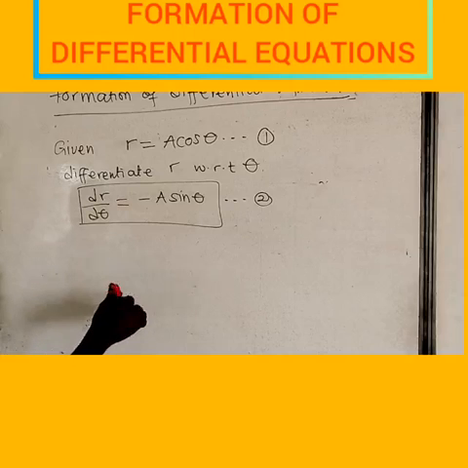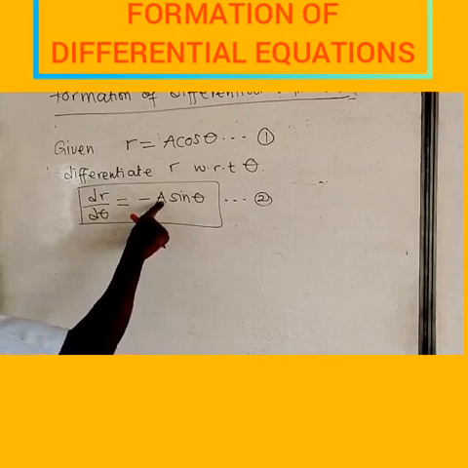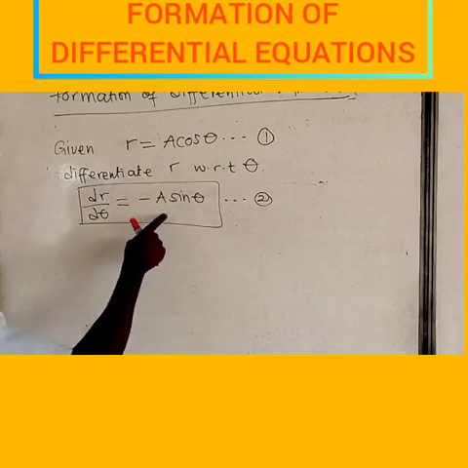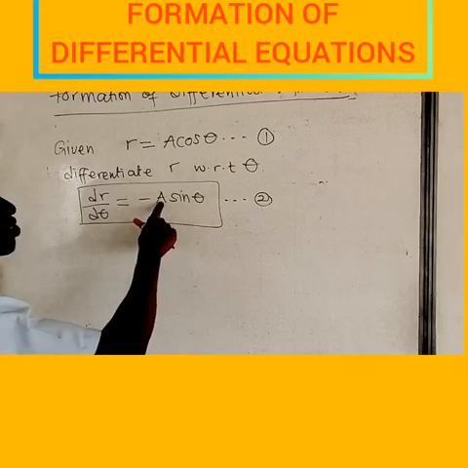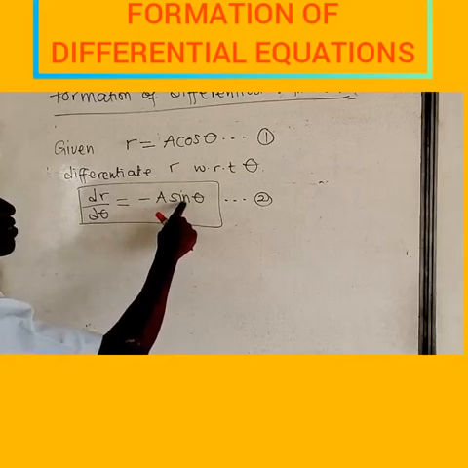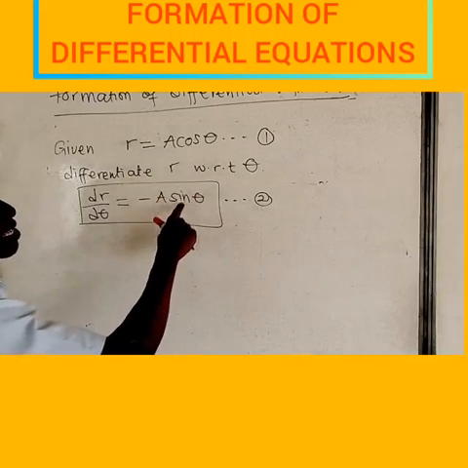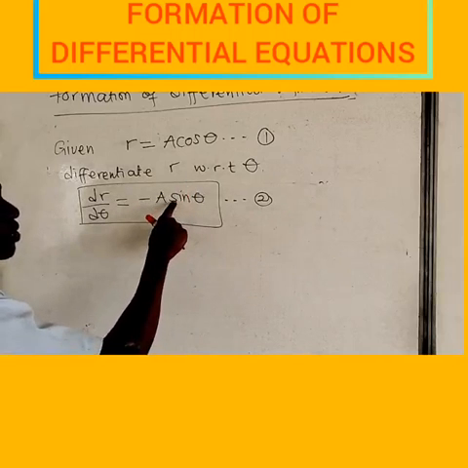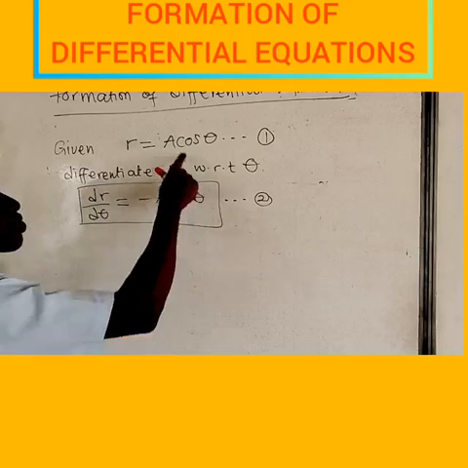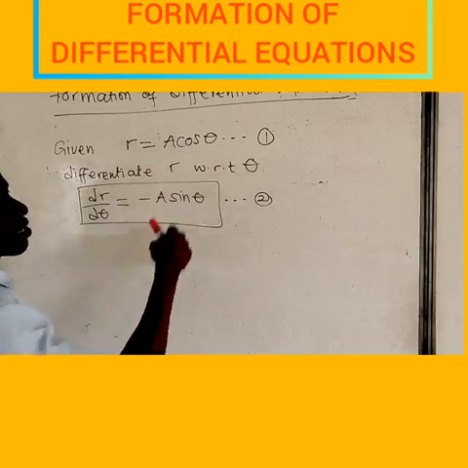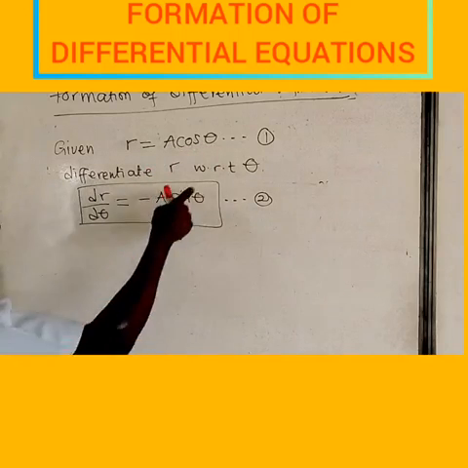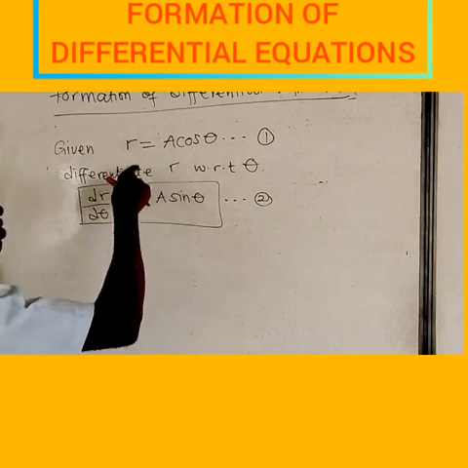To eliminate, this is not like the previous one we did, because this is not the second derivative that gives us a cos theta as before. Here we have only a sine theta, not the same as a cos theta. They are not the same, so we cannot just replace a sine theta with r.